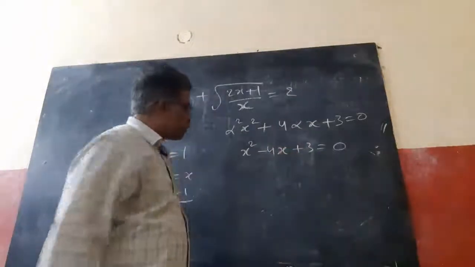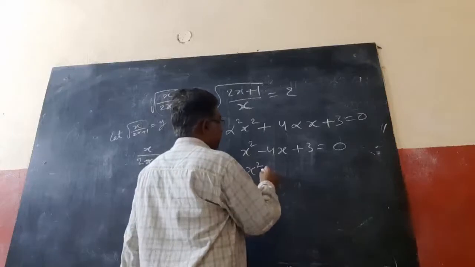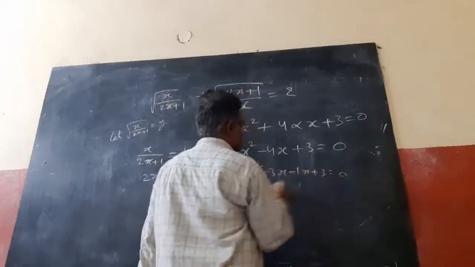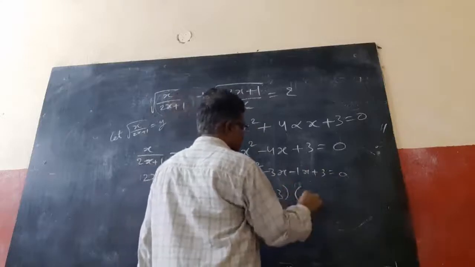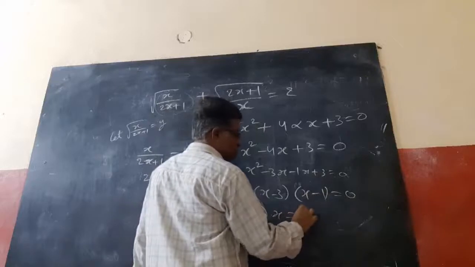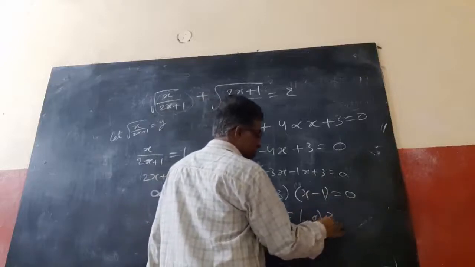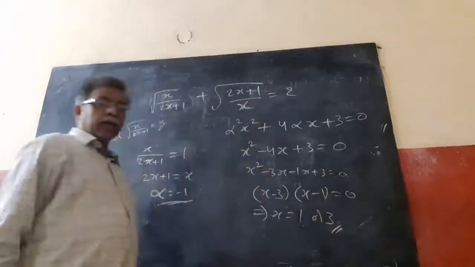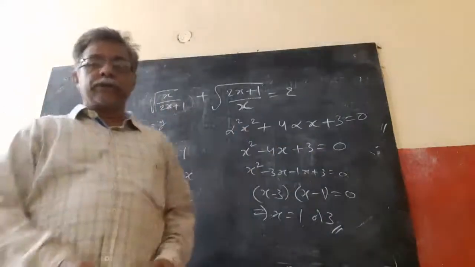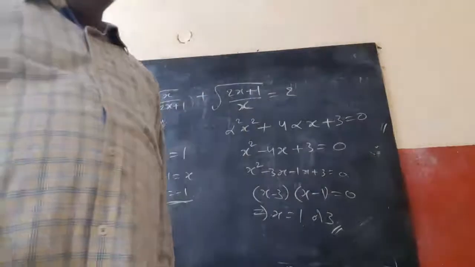Now splitting the middle term, this is x square minus 3x minus 1x plus 3 equal to 0. Means x minus 3 into x minus 1 equal to 0, implies x equal to 1 or 3. So the roots of this equation are 1 comma 3.